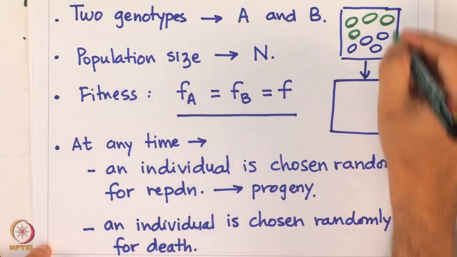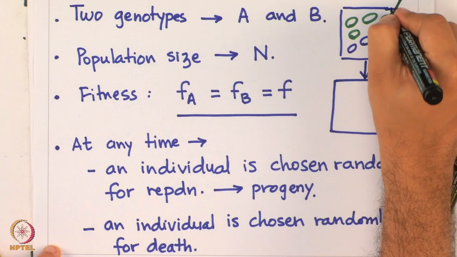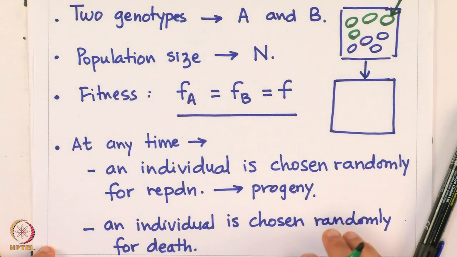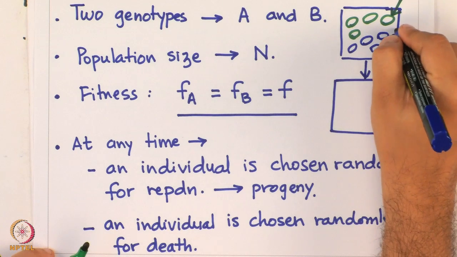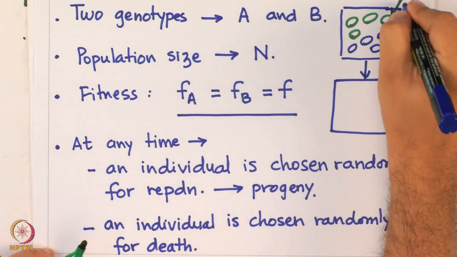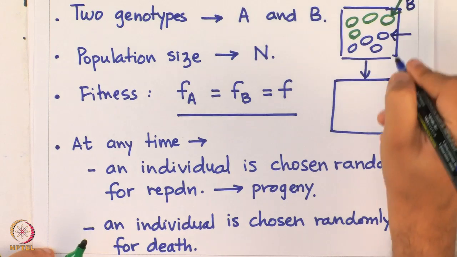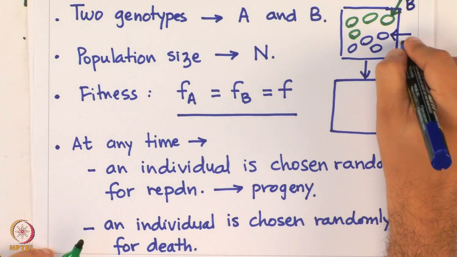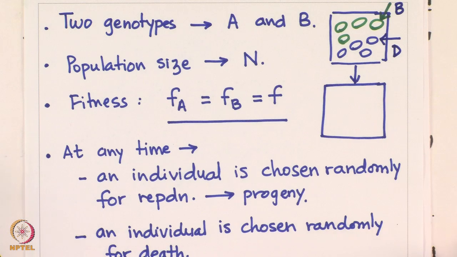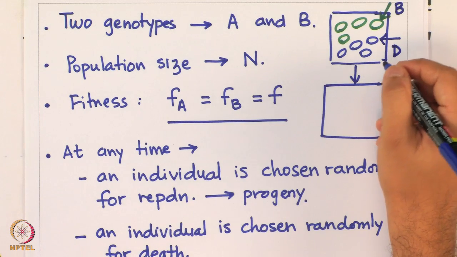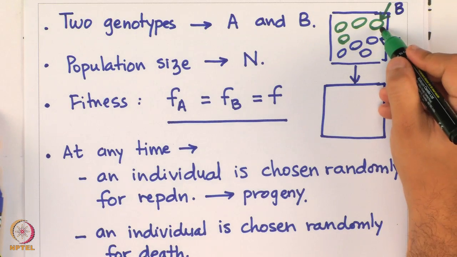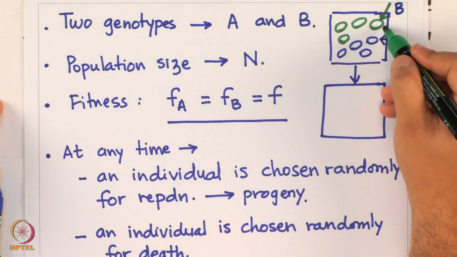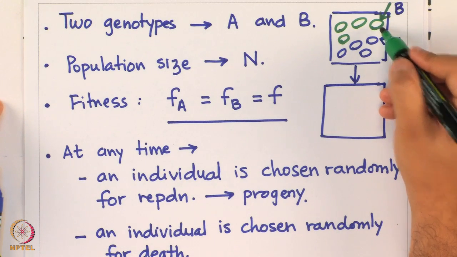For instance, if this is the individual that's selected for birth, and simultaneously I select another individual which is marked out for death, and let's imagine that this is the individual that's selected for death. Then what happens in the system as I move from this time to this time is that this individual has given rise to another progeny, and that progeny will have the identical genotype as the parent.